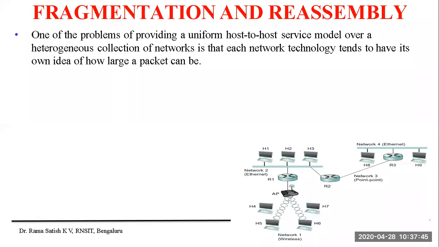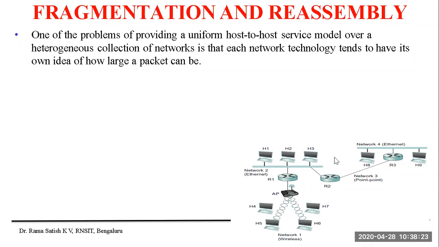One of the problems of providing a uniform host-to-host service model over a heterogeneous collection of networks is that each network technology tends to have its own idea of the packet format. The frame format of 802.11, that is Wi-Fi, is totally different from 802.3, that is Ethernet, and the point-to-point network is again different.